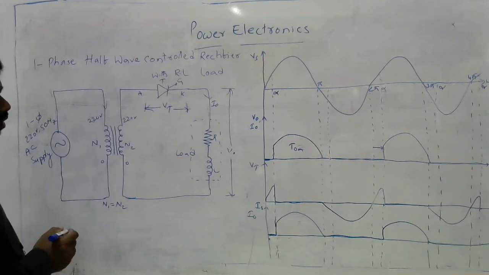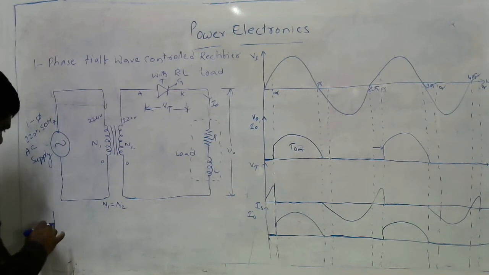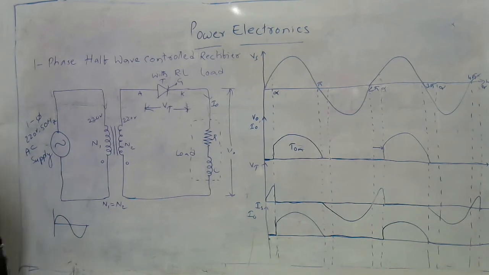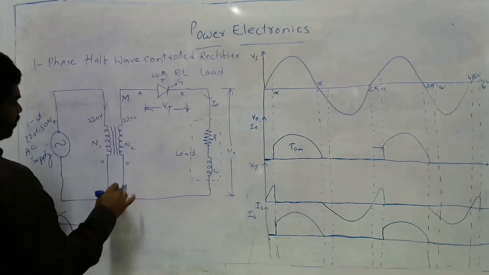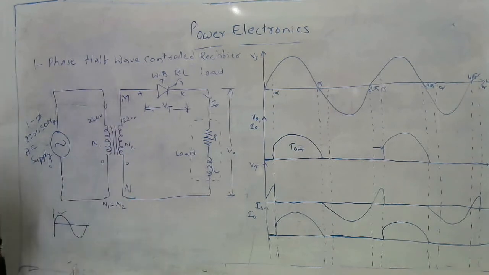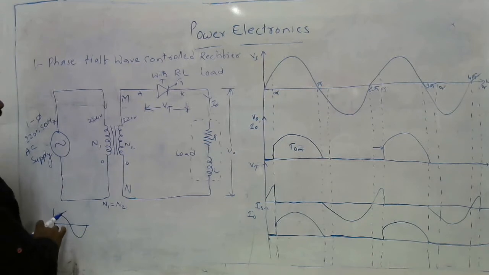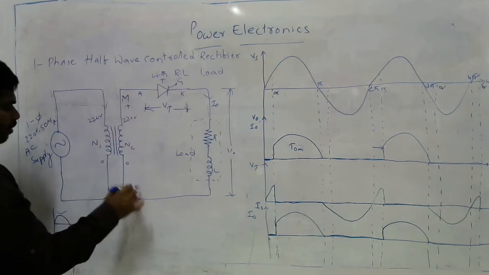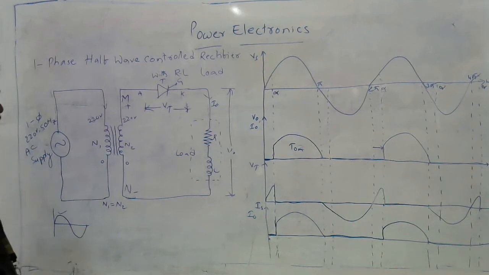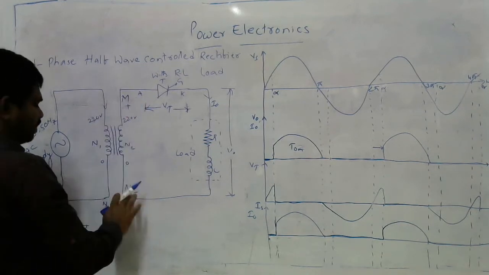First, my input supply is an alternating quantity. Positive half cycle is applied, and I am calling this terminal M and this terminal N. When we apply the positive half cycle to the circuit, M will be plus and N will be minus.